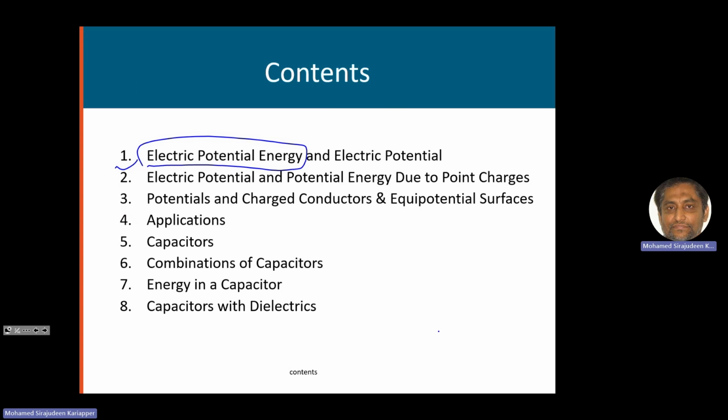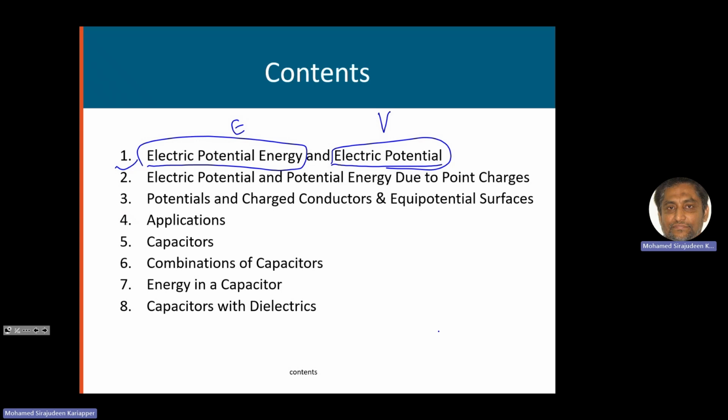Then we also have something different but related to the energy called the electric potential. We have to understand this is energy, this is something related to the energy, but the symbol we use is V and it is potential. Sometimes probably you heard the voltage, okay, in electric circuit it is called the voltage. So electric potential and electric potential energy.